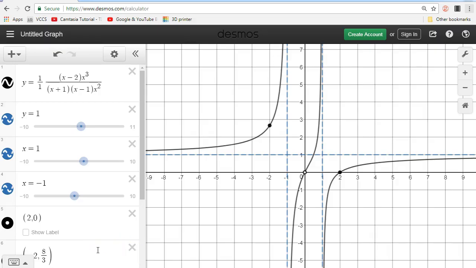I gotta tell you, this one came out a lot better than I expected it to. Why? Well, I think I was getting a little bit confused when I thought of this 8/3 up here. How was I going to get that? I'm not getting that by plugging in 2 or 0. I'm getting it by plugging in negative 2.